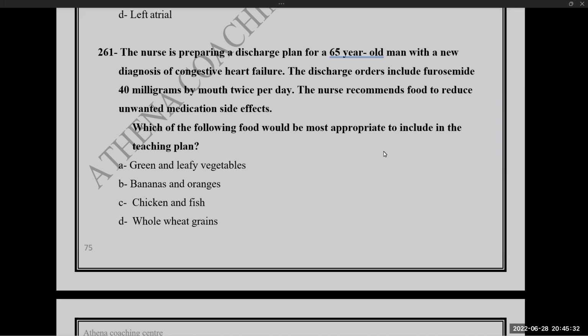Furosemide is a loop diuretic, and loop diuretic causes hypotension as well as hypokalemia. Based on that, you can select the answer.